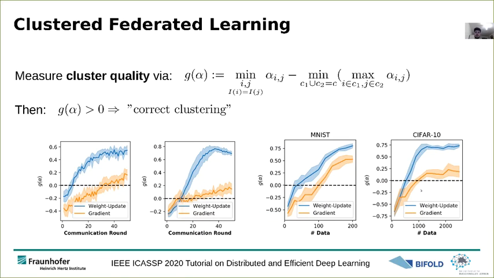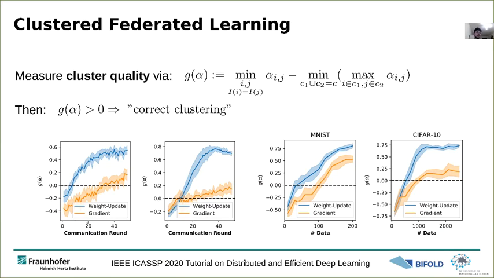And yeah, now it's very interesting to look at the different scenarios. So in theory, our theorem predicts that we can correctly separate out the different clusters only if we have converged to a stationary solution of the federated learning loss surface.